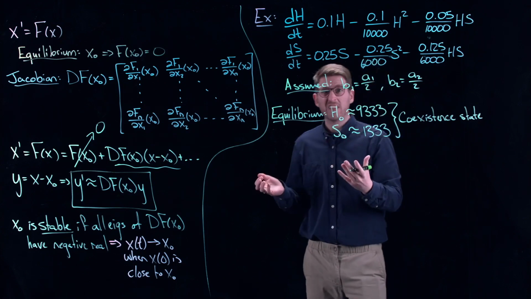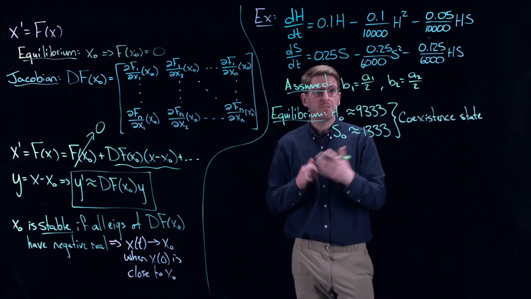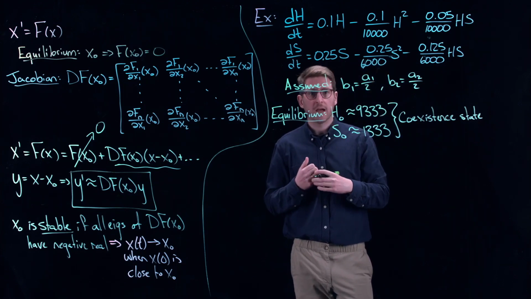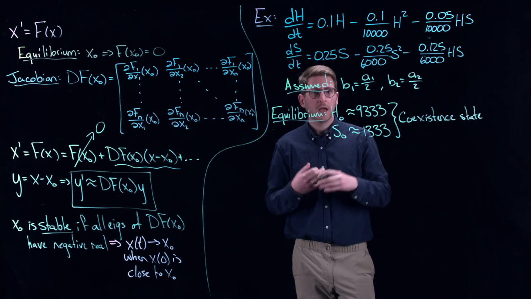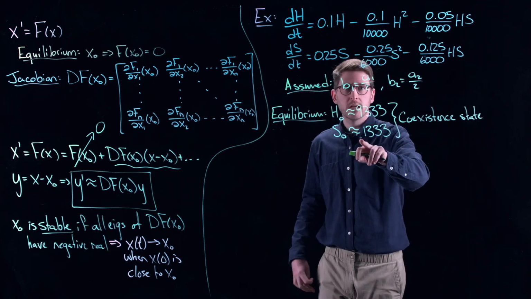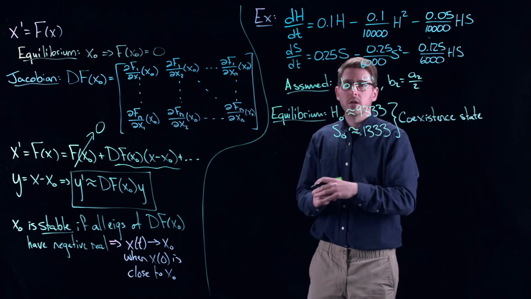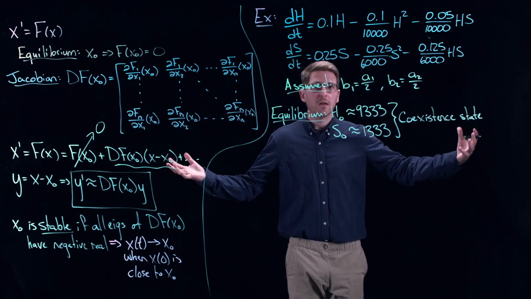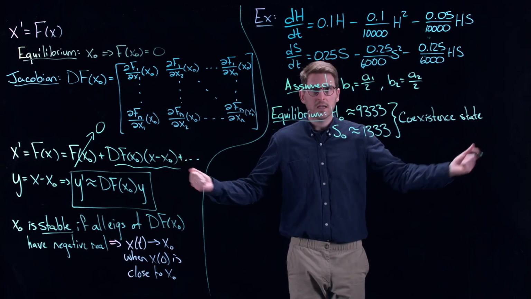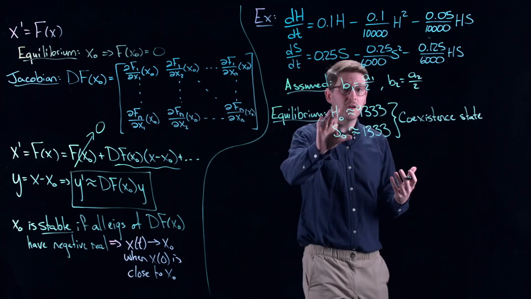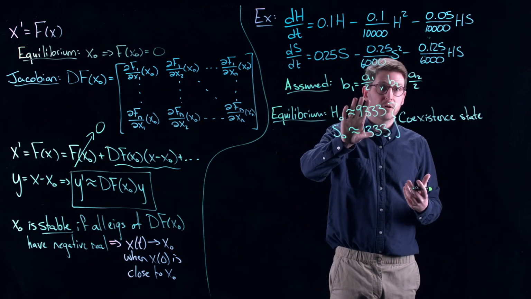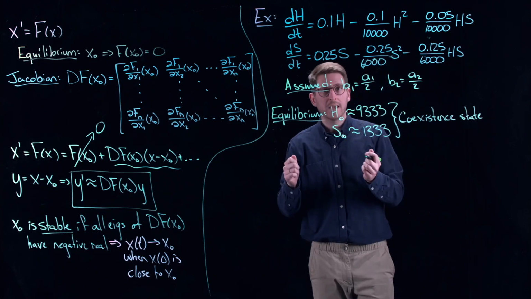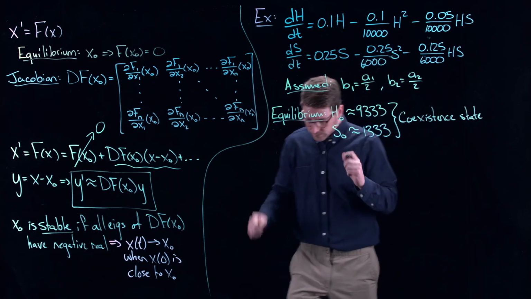Maybe I start with like 9,000 hardwoods and 1,500 softwoods or something like that, right? Well, am I going to fall into this nice stable equilibrium? Or am I going to get pushed away and maybe one of those trees is going to go extinct? Because it's very uncommon. It's very rare for me to be able to set the system up perfectly at equilibrium. What I would like is to have a little bit of wiggle room.